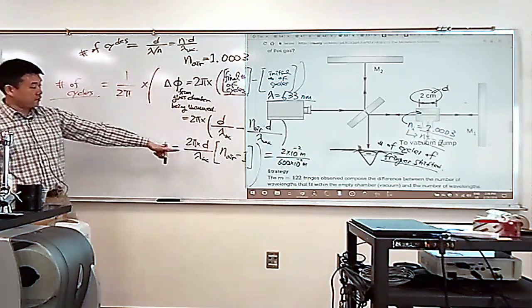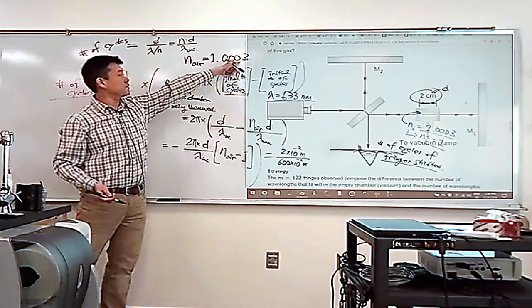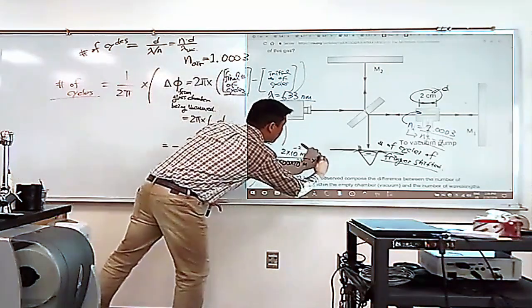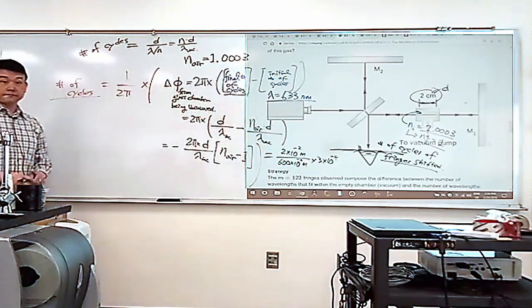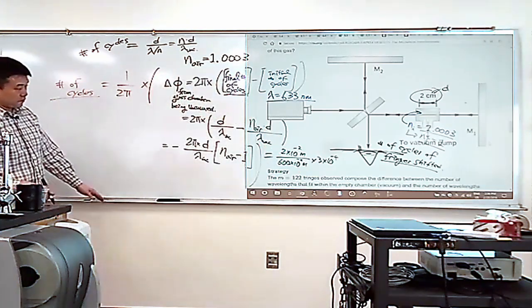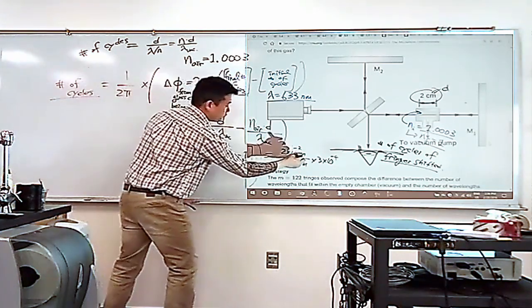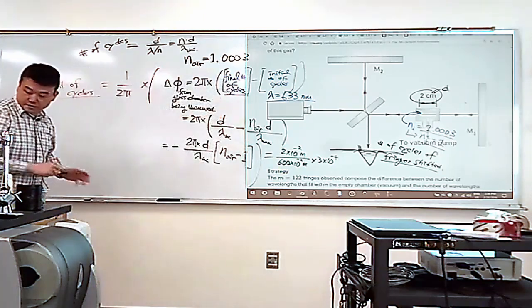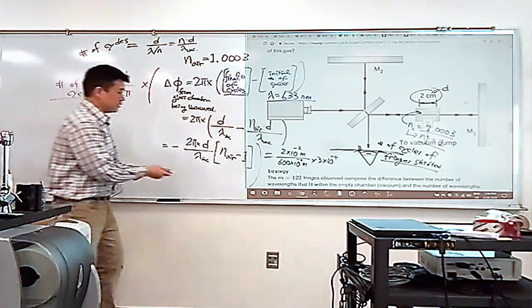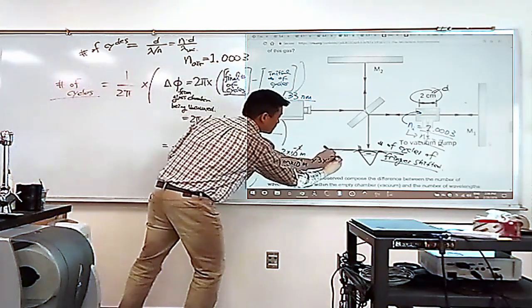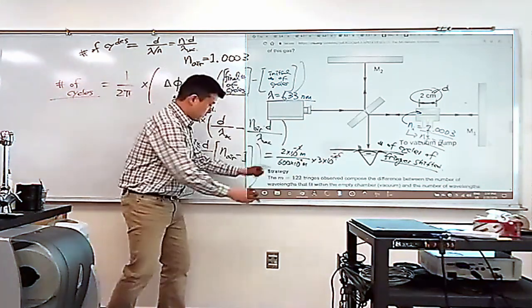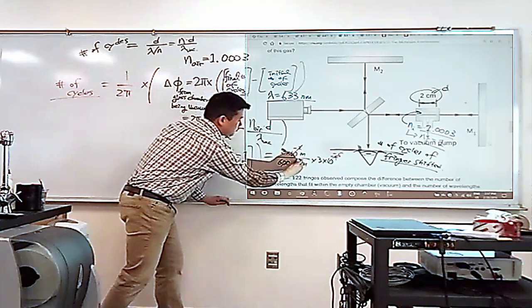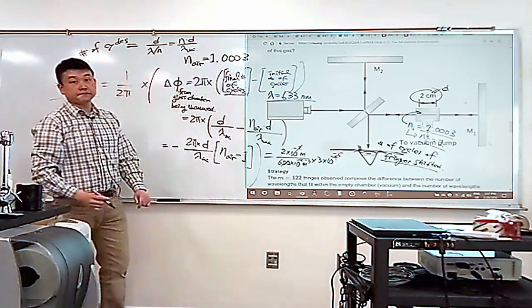And the index of refraction of air minus 1 is going to be 3 times 10 to the minus 4. These are numbers I can do by hand. So it's 10 to the minus 6 divided by 6 times 10 to the minus 7.